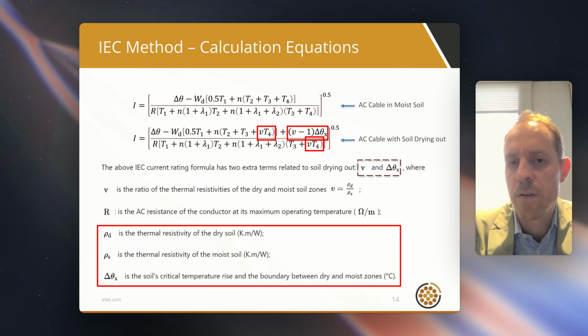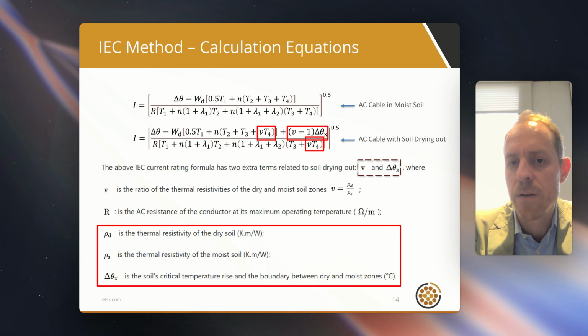So you've got the factors v and delta theta x, and to calculate those values, you need the soil thermal resistivity of the dry soil, and the soil thermal resistivity of the moist soil, and you need the soil's critical temperature rise at the boundary between the dry and moist soil zones, which I will explain.